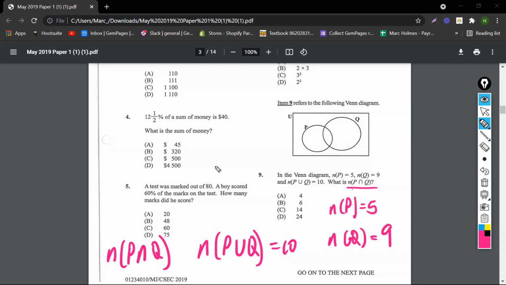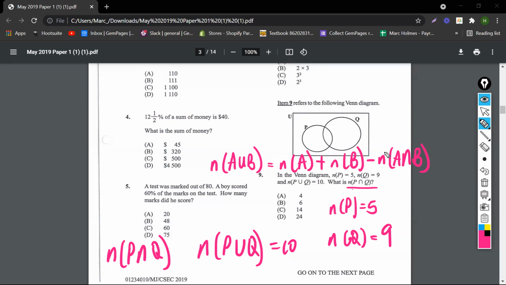The formula says n of A union B is equal to n of A plus n of B minus n of A intersect B. Cool.